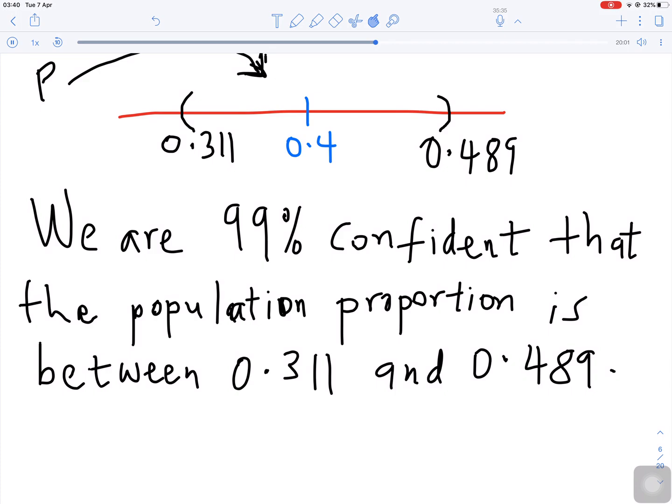It means that when we construct 100 confidence intervals, coming from taking samples 100 different times, then 99 of those intervals will contain the actual population proportion. So that is what the 99% confidence interval means. So we are 99% confident that the population proportion is between 0.311 and 0.489.